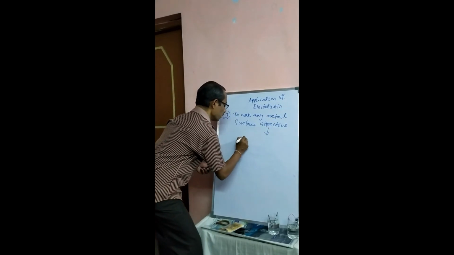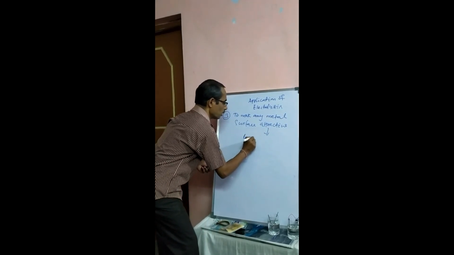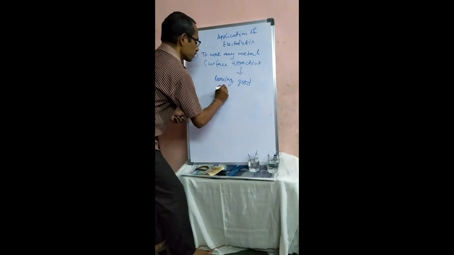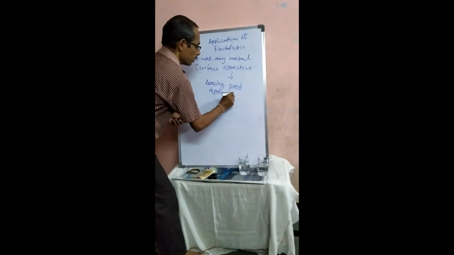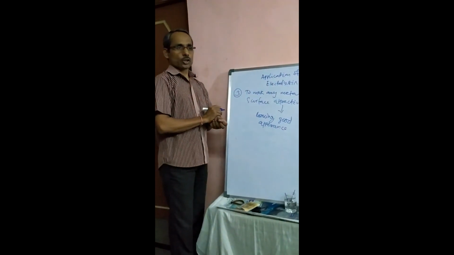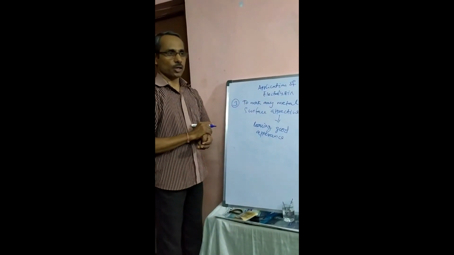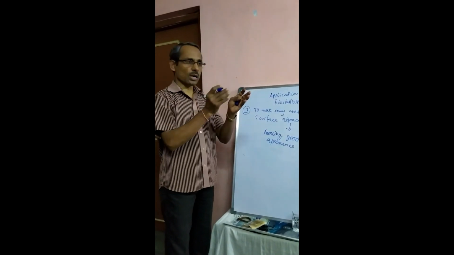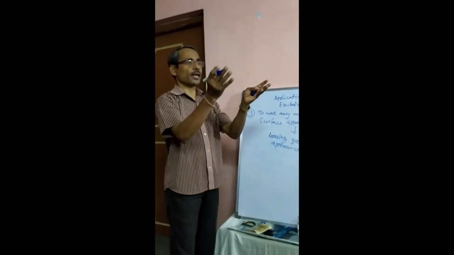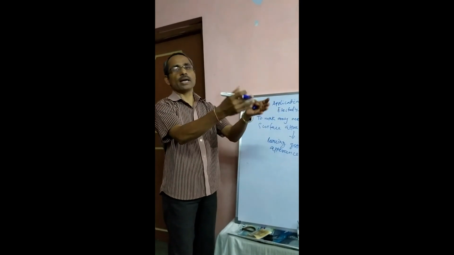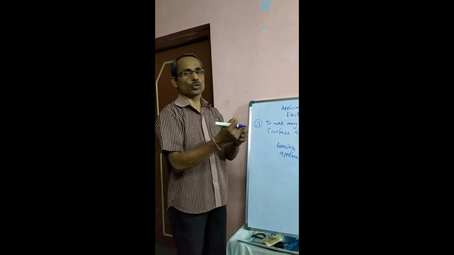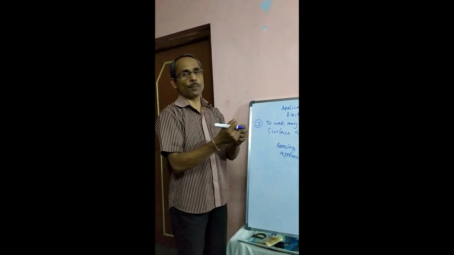Attractive means looking good in appearance. Example: in the commercial market, you go to a jewelry shop. No doubt the gold ornament is there, but sometimes other ornaments are covered with another metal, like gold. So to make it attractive to people or make the appearance good, this electrolysis process is used.